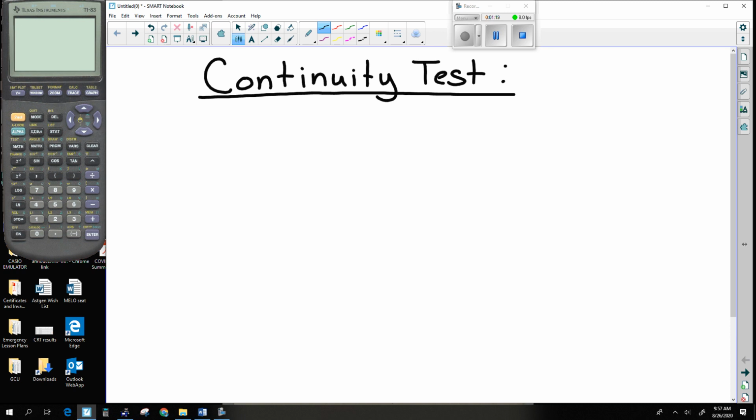However, it could easily be five. The first thing that you want to do is test your limits as x goes to some number from the left-hand side, and we're looking to get a number out of that.